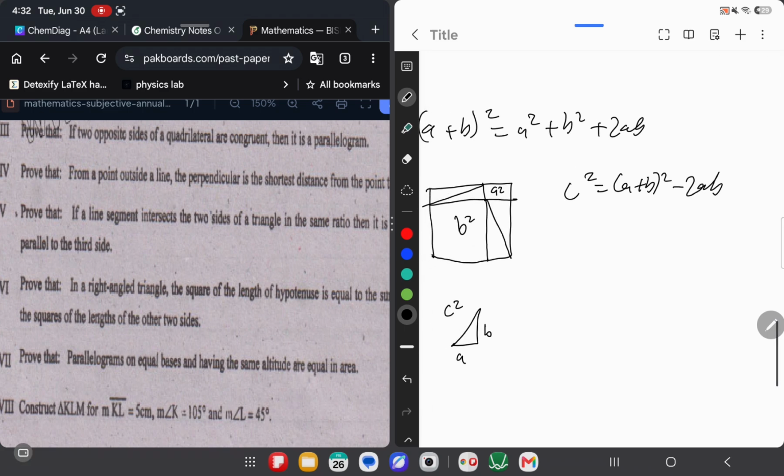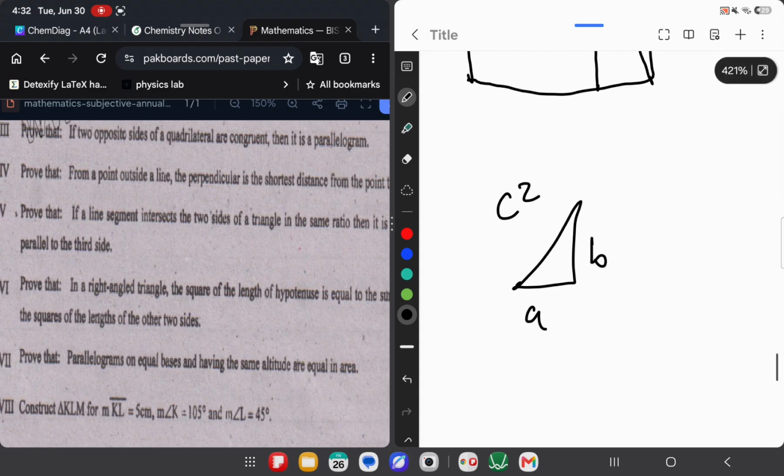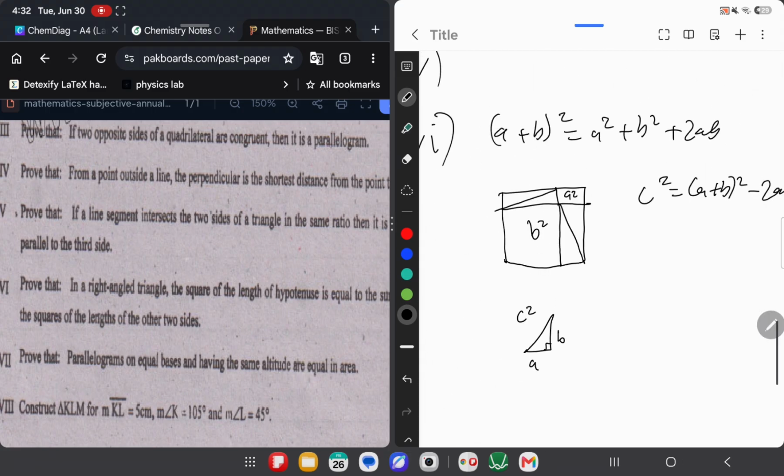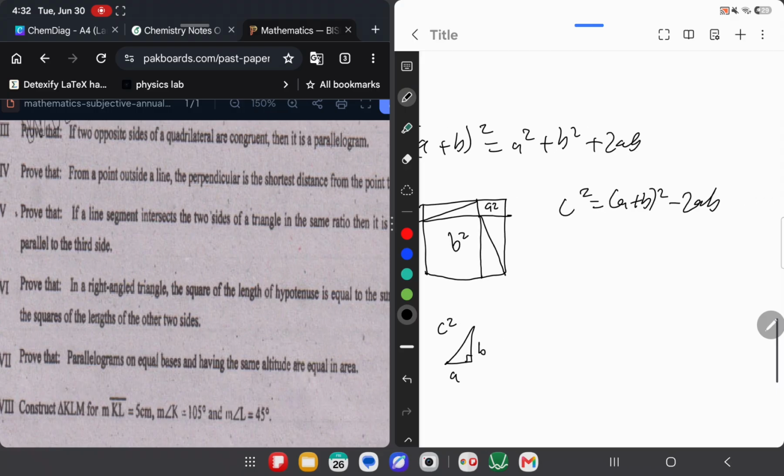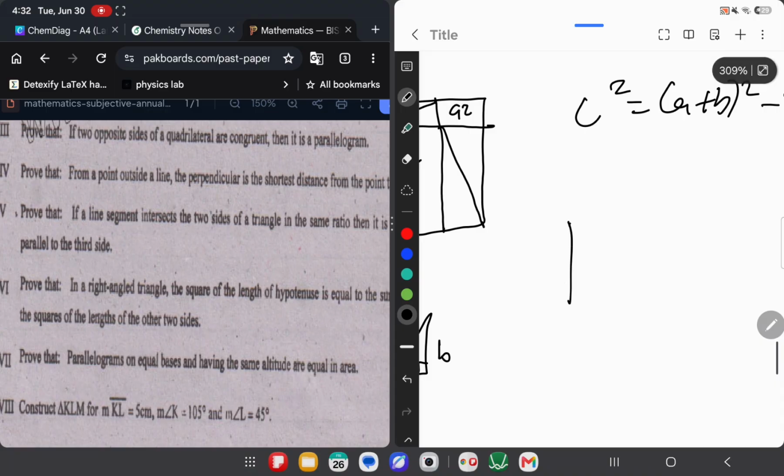We have the triangles A and B, and if we want to remove them from here, we hence remove this block. So we need to sum this area. a plus b squared is this entire block. Now minus 2ab. If we subtract these two blocks, instead we can subtract these squares.